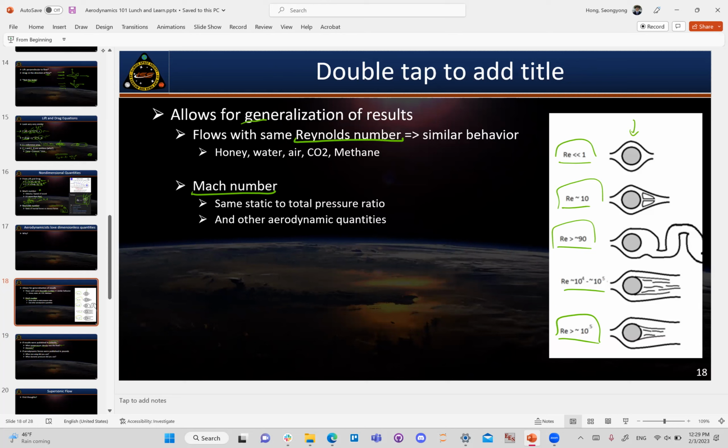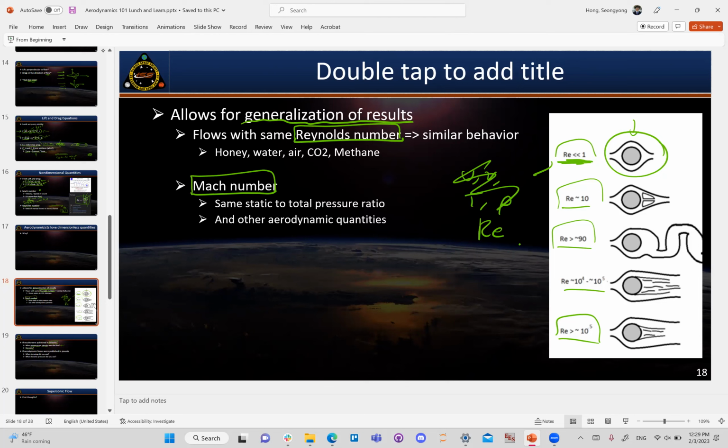So again, it really allows you to generalize results and characterize your phenomenon with one number instead of having to tag along velocity, viscosity, temperature, density, all that. No, just Reynolds number. And the same goes for the Mach number.